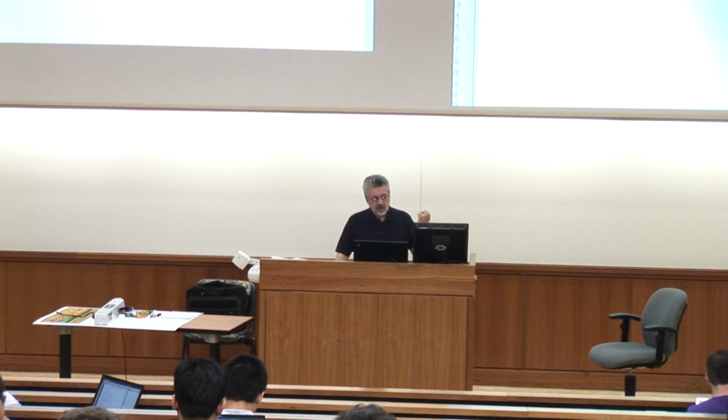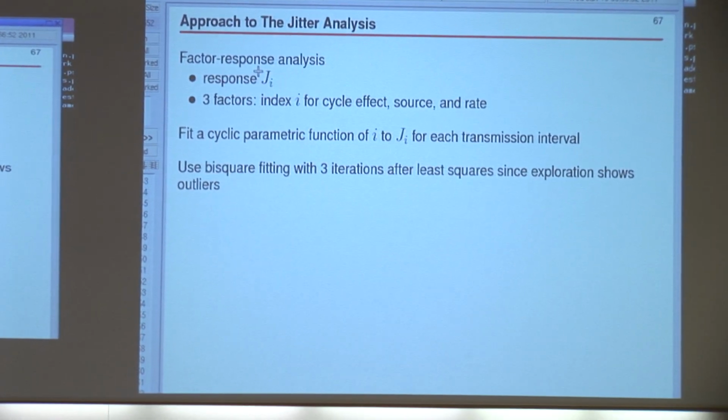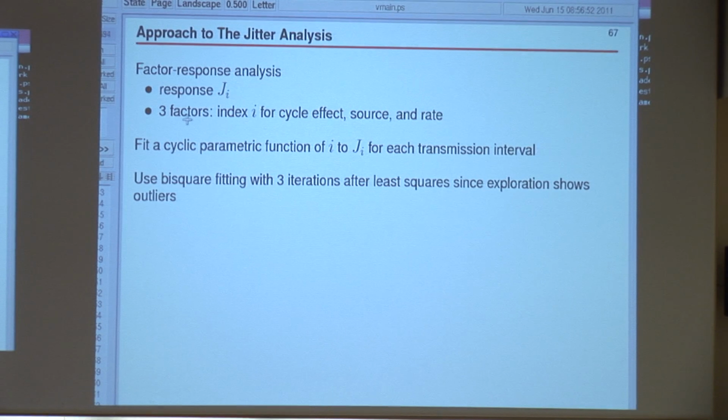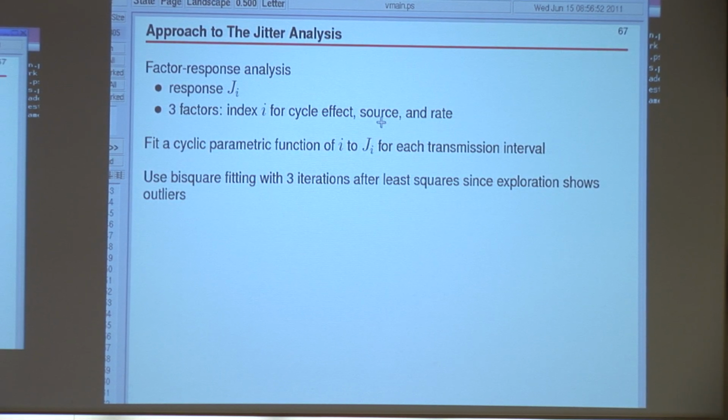We're in a case of factor response analysis. What we have is these jitter values. We have three factors: the source gateway, the traffic rate on the link, and now this other thing, an index i. In each interval, there's jitter 1, jitter 2, jitter 3.